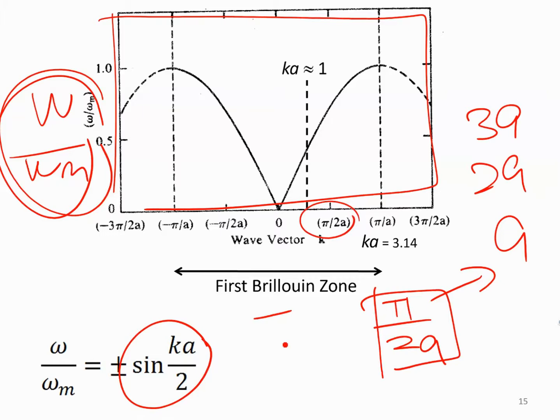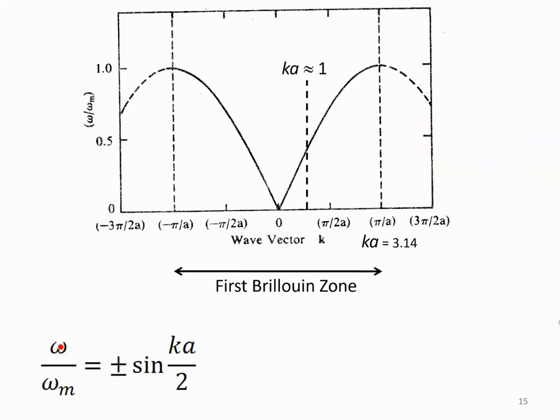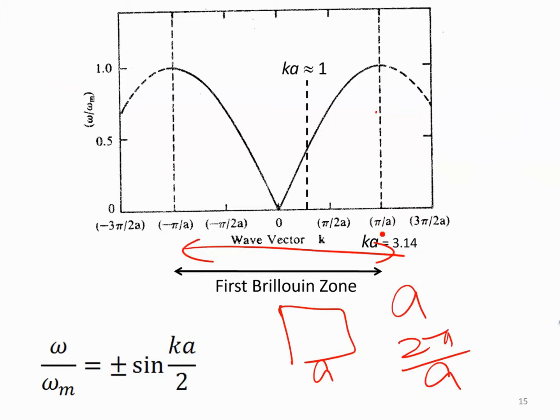But now it's pi over 2a, so this is the reciprocal space. Remember that? For the cubic, if real space is a, then the reciprocal space becomes 2 pi over a. So the first Brillouin zone is from minus pi over a to pi over a, and this range is 2 pi over a. And this is the first Brillouin zone, all right?